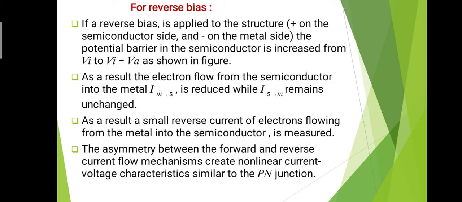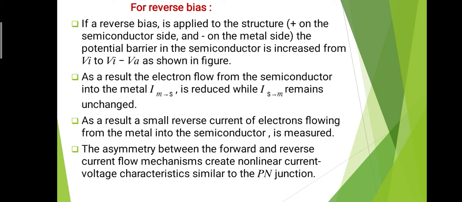We can measure this current with the help of an ammeter or any device used for current measurement. The asymmetry between the forward and reverse current flow mechanisms creates non-linear current-voltage characteristics, similar to the PN junction.